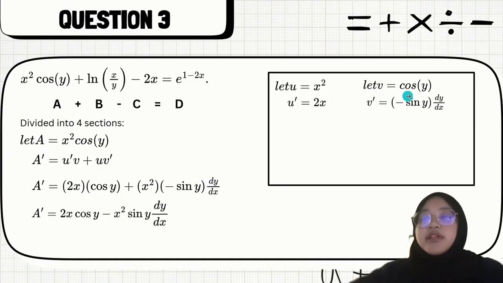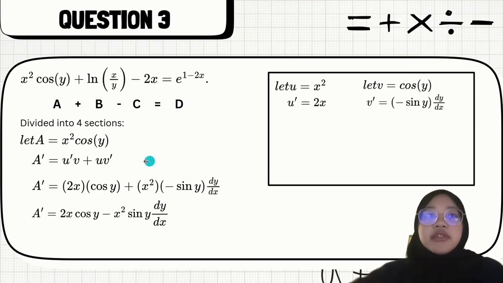Let v equal cos y. For this, we need to differentiate with respect to x. For cosine, the derivative will be negative sin. And since y depends on x, we need to multiply with dy/dx. So the answer, we will get v prime equals negative sin y dy/dx.